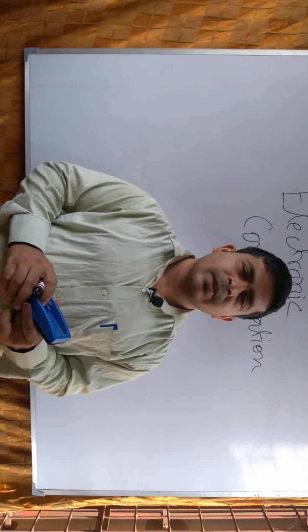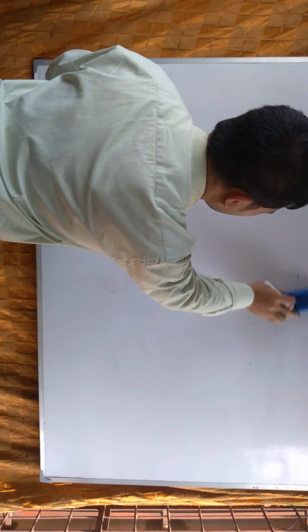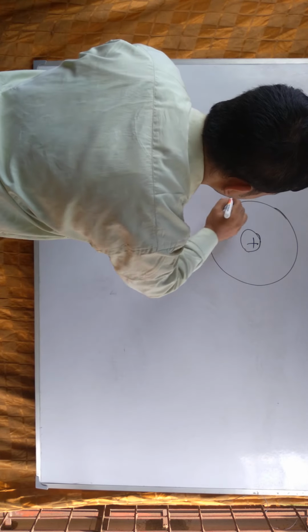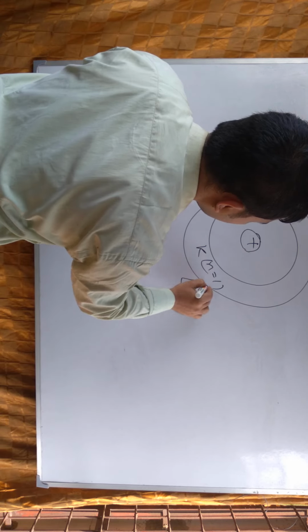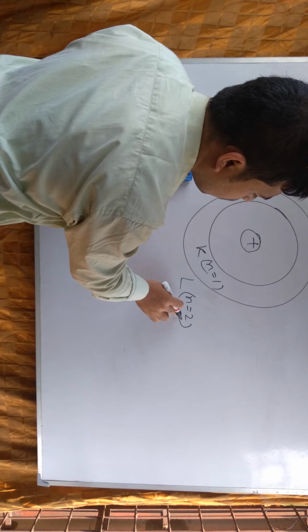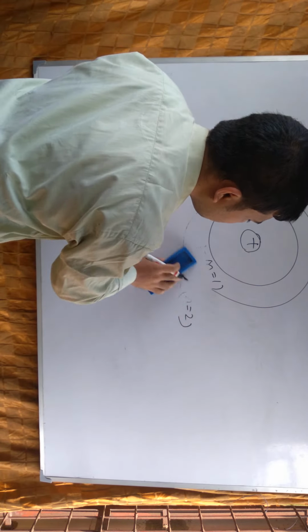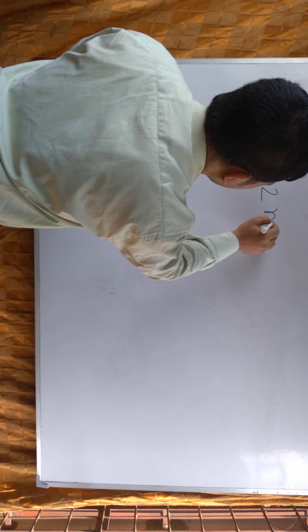What is a shell? A shell is the part of an atom where electrons revolve around the nucleus. The first shell is named the K shell, the next is the L shell, and for the K shell n equals 1, for the L shell n equals 2. For each shell, the maximum number of electrons it can accommodate can be calculated using the 2n square formula.